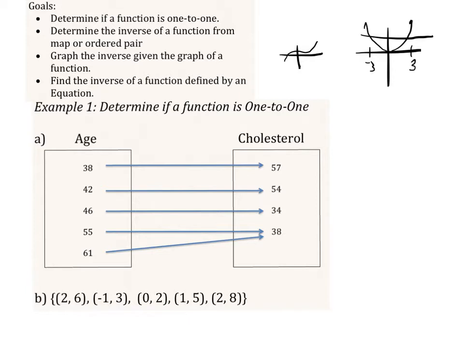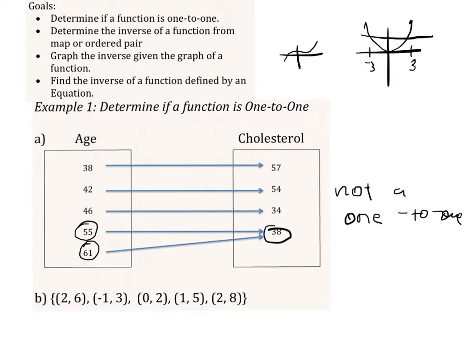And so looking at our first example here, we can see that 55 and 61 both have an output of 38. So because two inputs have the same output, we would say not one-to-one. Okay.